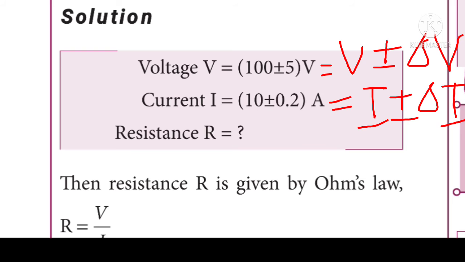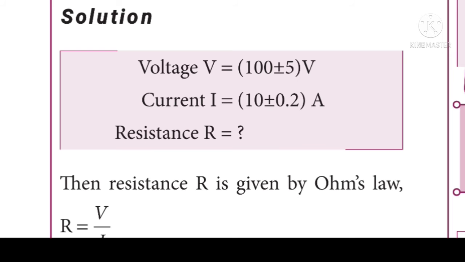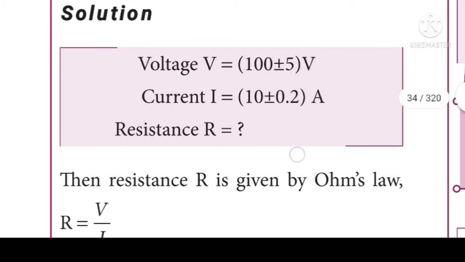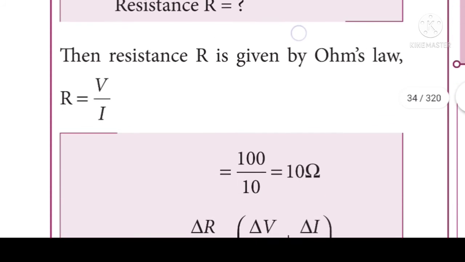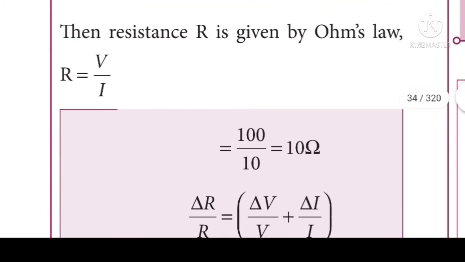The error form of the current is written as I plus or minus del I, which is equal to 10 plus or minus 0.2 ampere. What is the value of resistance? According to Ohm's law, we can write the equation for the resistance as R is equal to V by I. So from this expression we can calculate the resistance as 100 by 10 is equal to 10 ohm.